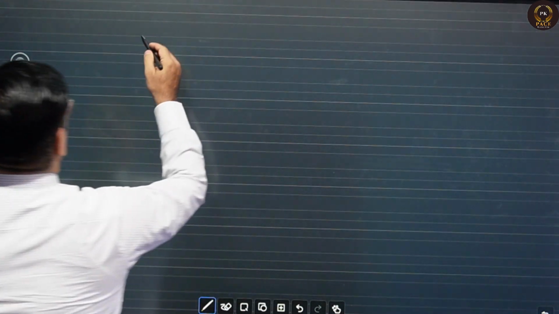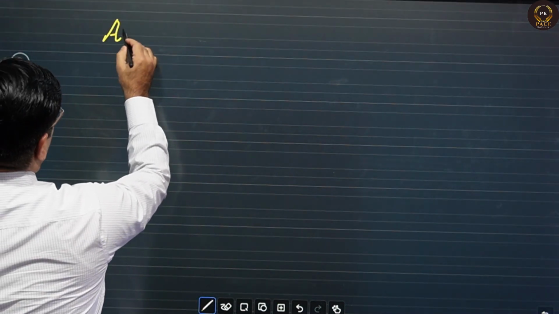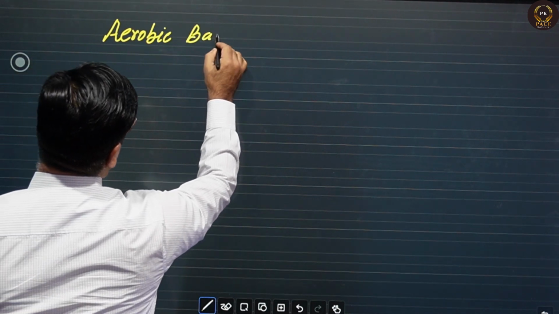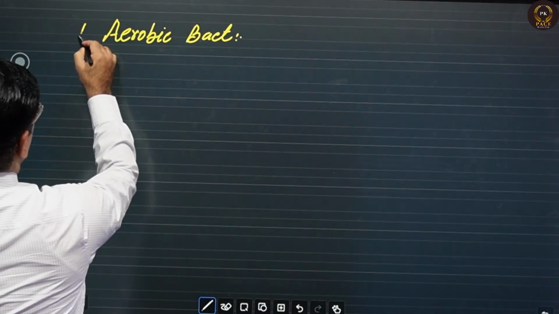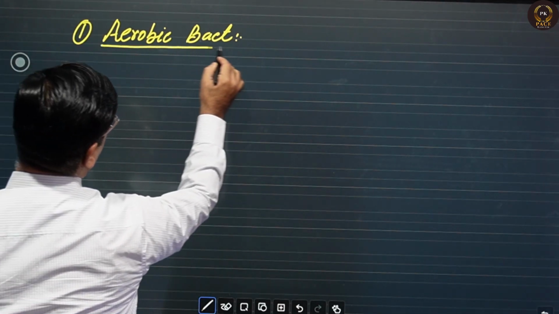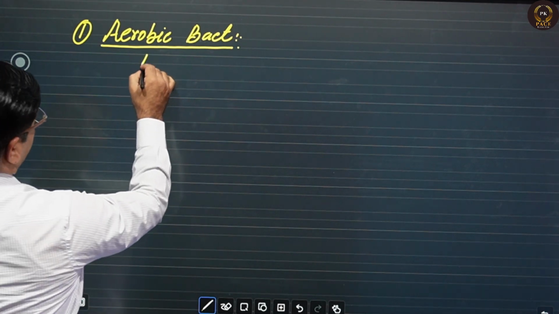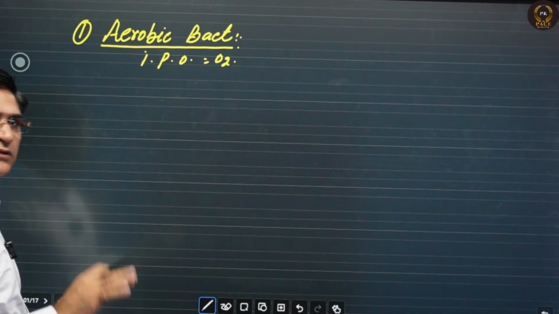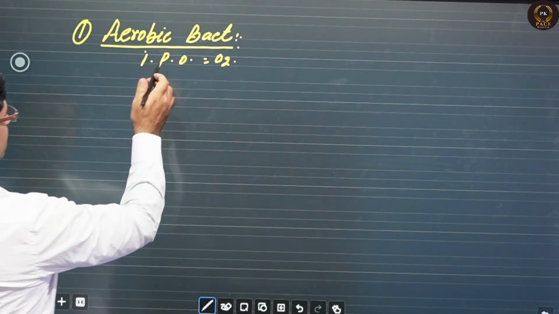If we talk about aerobic bacteria, who live life in presence of oxygen, there are two different types of aerobic bacteria.